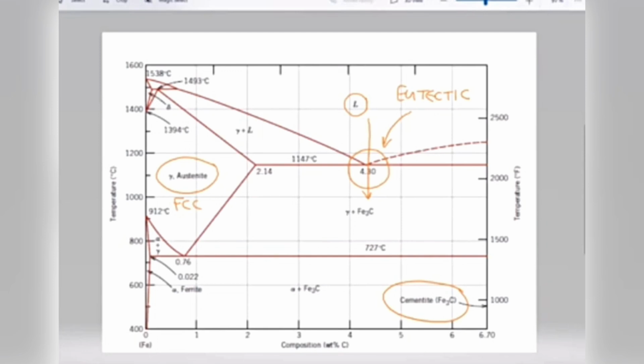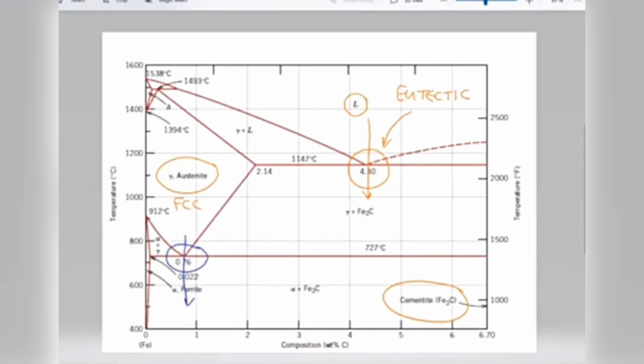Now, the other point of interest is at much lower carbon contents, this point here. What we notice happening at this point is we have gamma austenite, the face center cubic steel, transforming directly into alpha steel and Fe3C, cementite or iron carbide.